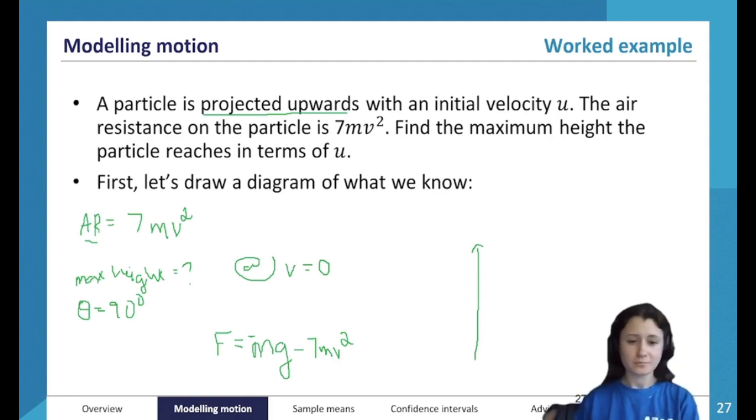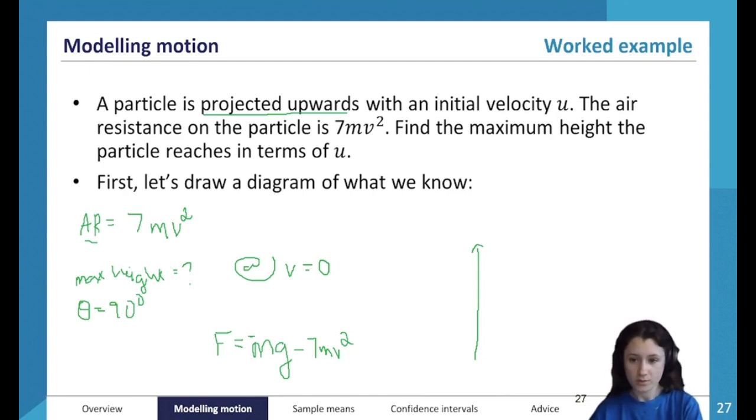Alright, that's what I was getting confused about there. So, continuing on from here, we now know the net force. Alright, the next thing we can figure out is the acceleration.